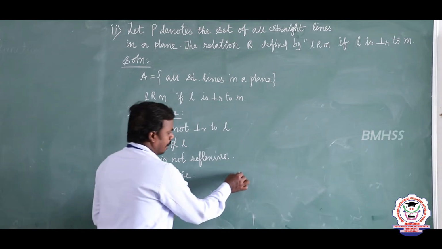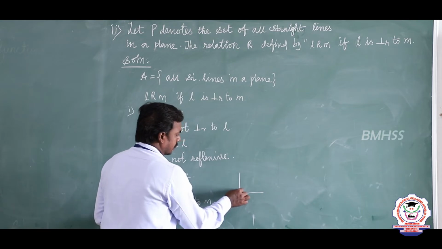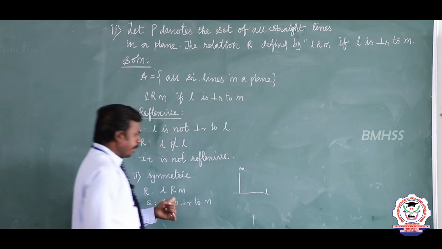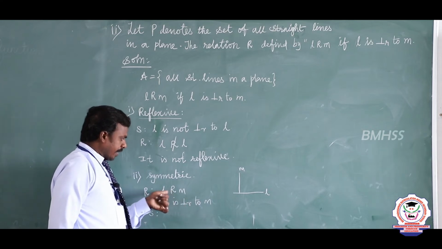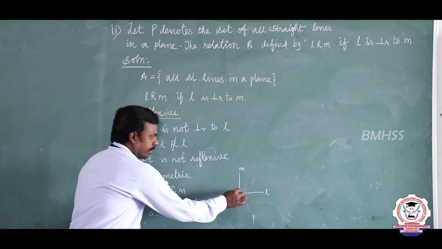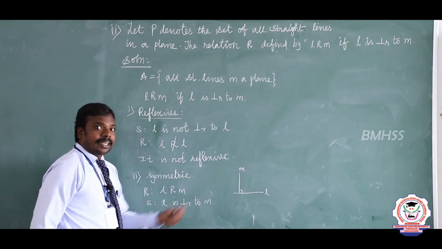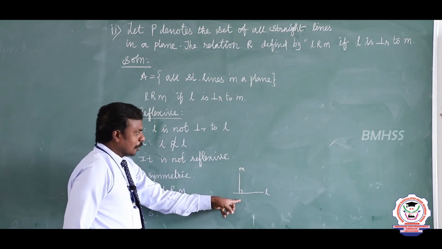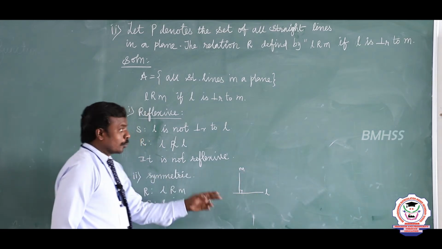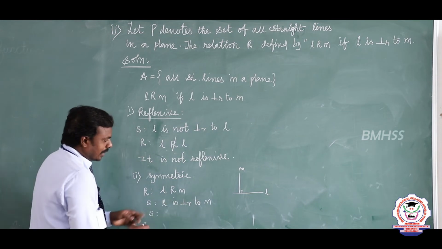Now I am going to draw the lines. So this is line L, this is M. If L is related to M, it means L is perpendicular to M. Yes, it is perpendicular. At the same time, M is also perpendicular to L. So how can you write the statement?